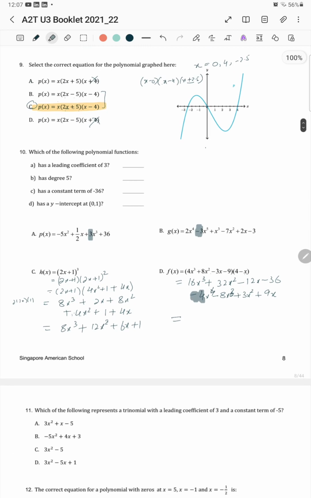So leading coefficient of 3 is A. Degree of 5 is B. Constant 36 is minus 36, this one. Y-intercept of 0, 1 means constant should be 1.